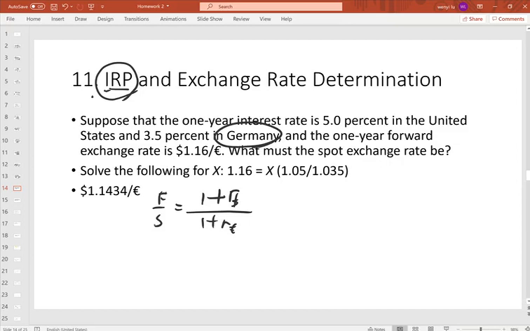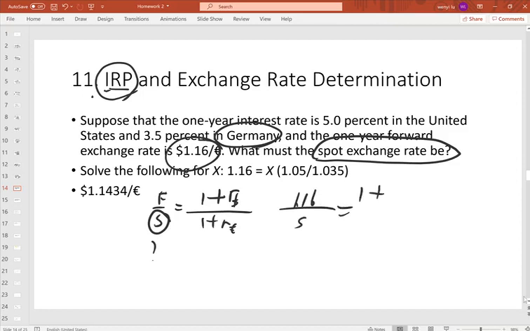Let's say the question is to solve for the spot exchange rate. The other three should be given. What's the forward rate? 1.16. What's the dollar's interest rate? 5%. What's the euro's interest rate? 3.5%.